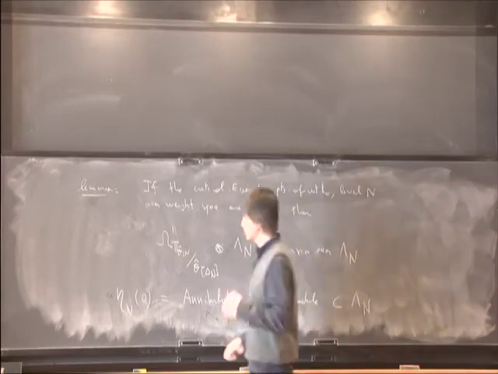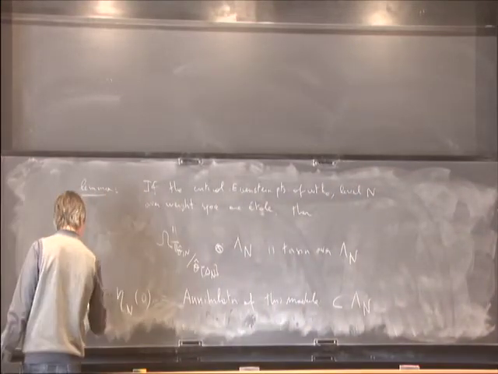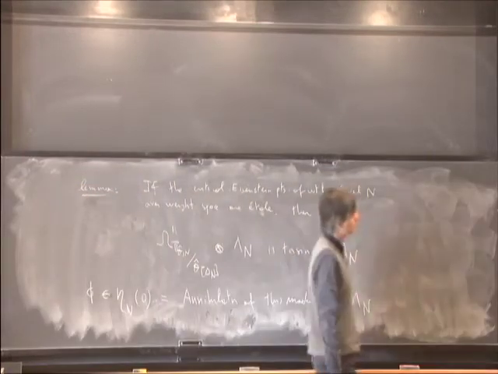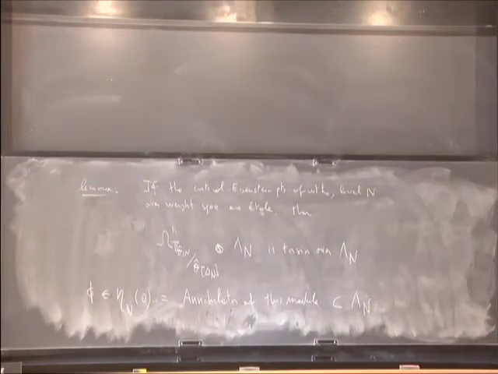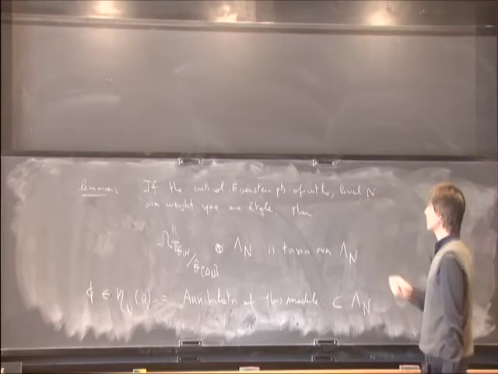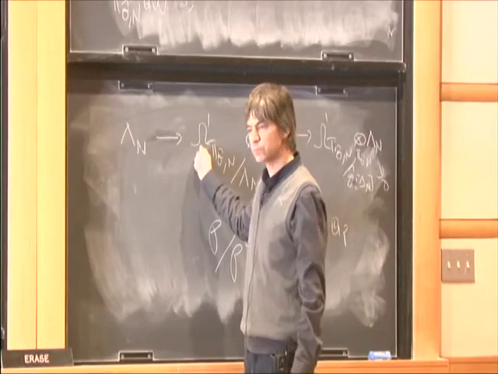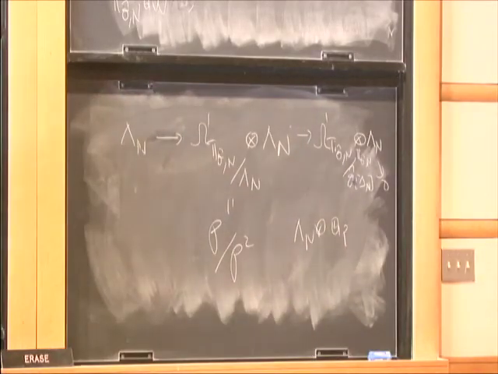And you see that if you pick an element phi in here, first, if we are in that case, it's because this is torsion, this map has to be injective. So in particular, in that case, lambda n, well, p over p square is injective.